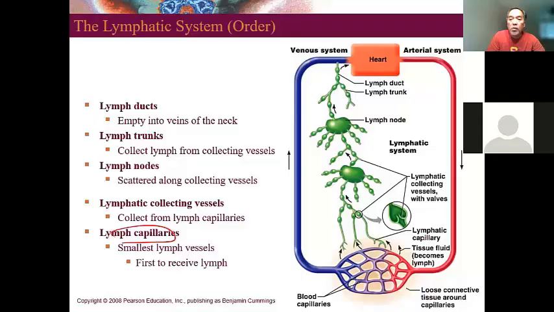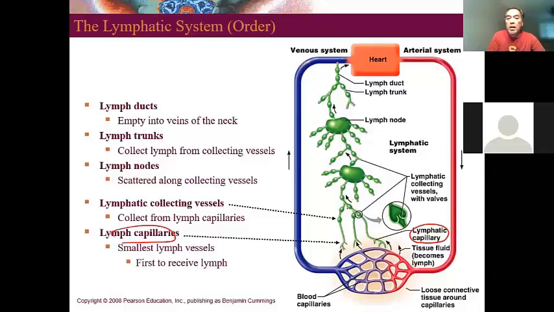So the first vessel that will take the fluid is what we call the lymphatic capillary. The lymphatic capillary will drain the fluid, and from there it'll go into the collecting vessels. And those collecting vessels have valves and drain down into the lymph nodes, okay?